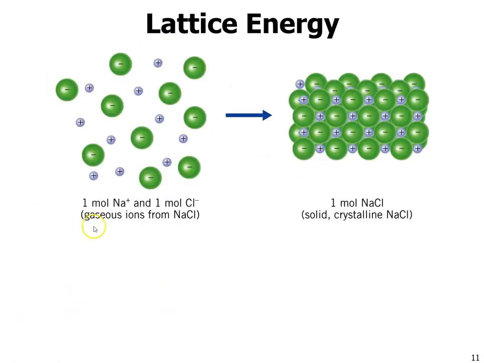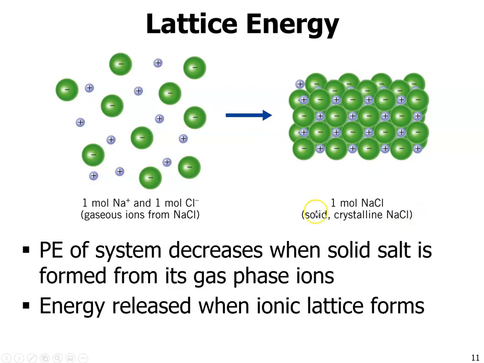And here's an idea of what's going on and how this lattice energy works and where this energy comes from. On the left side we have gaseous sodium chloride. On the right we have a solid crystal sodium chloride. So where does this energy come from? Remember, when these are in a gas phase, they have a lot of kinetic energy: rotational, translational, and vibrational energies.